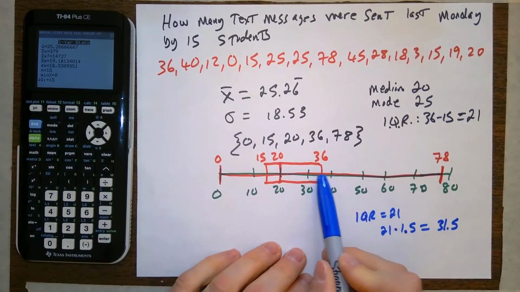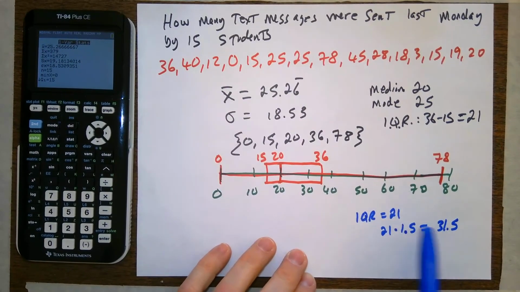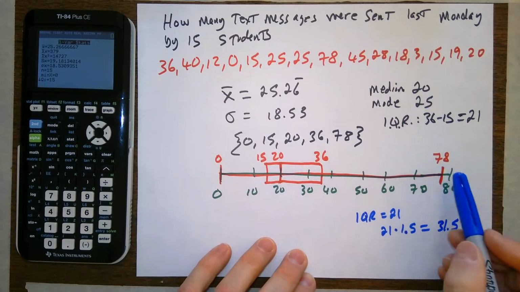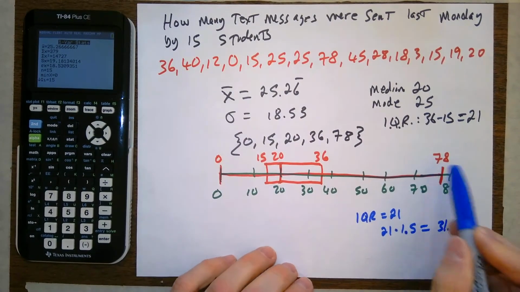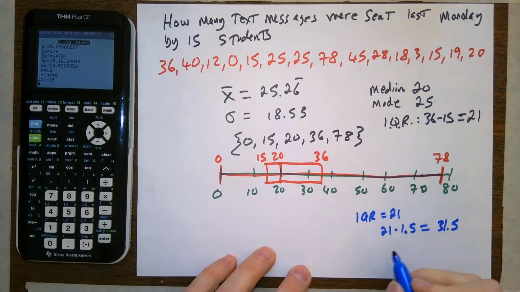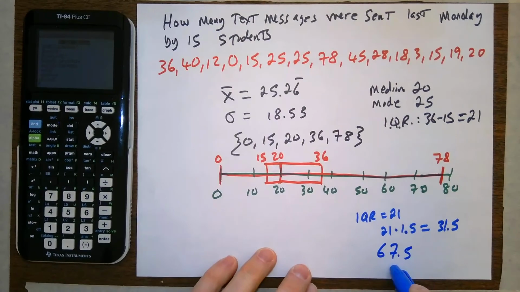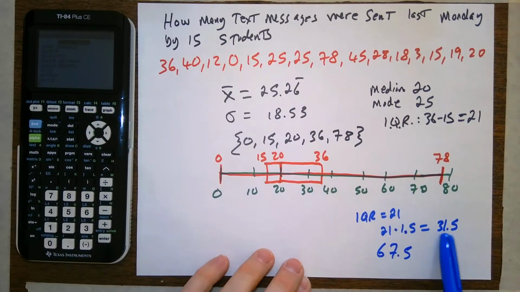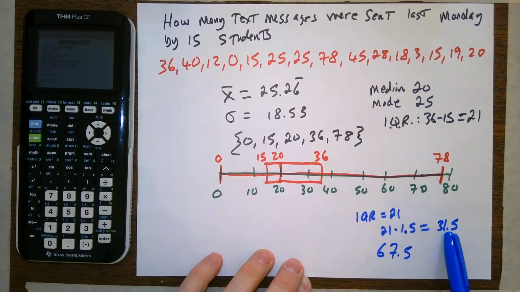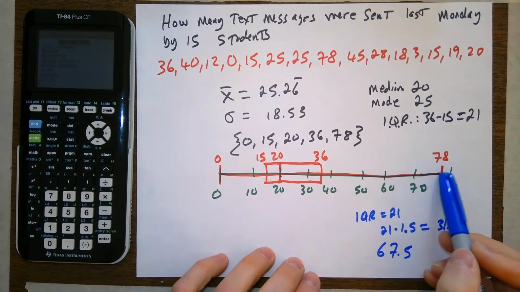But here I had 36. 36 plus 31.5 is 67.5. Do you see how I got 67.5? I took my quartile 3, 36, added it to 1.5 times my interquartile range, and got 67.5, and I do have numbers bigger than that.